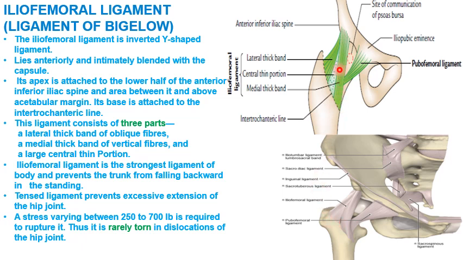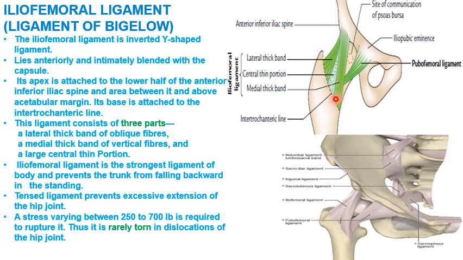The intermediate stratum here, the central portion, is very thin, and usually this thin portion of the ligament is pierced by the ascending branch of the lateral circumflex femoral artery.